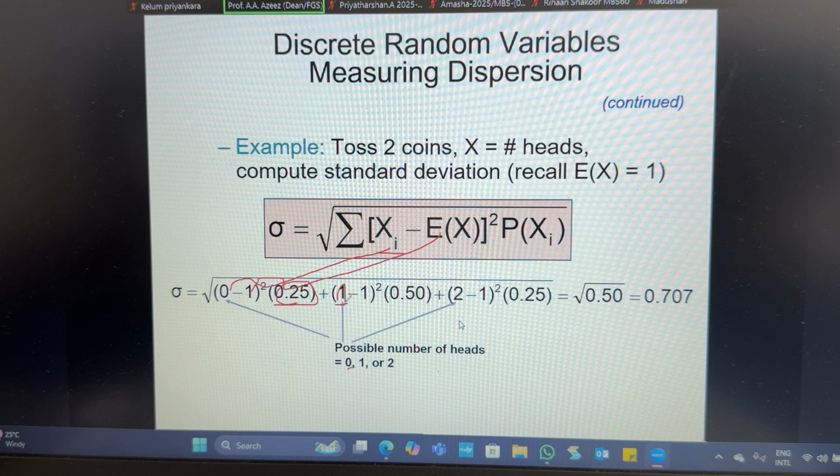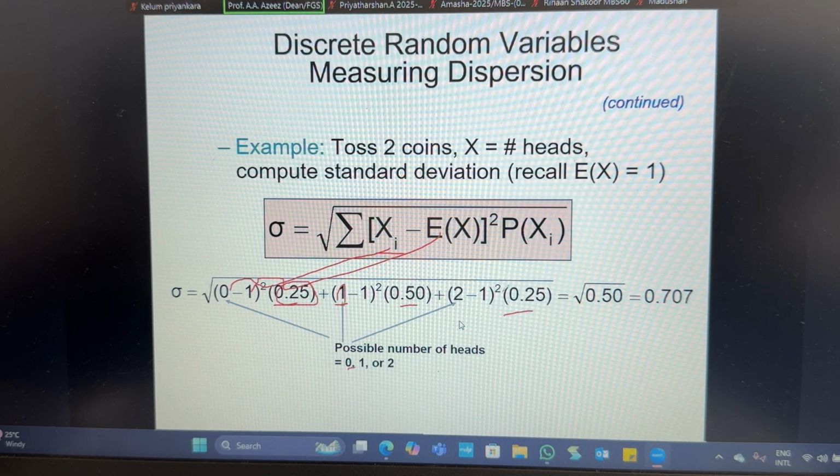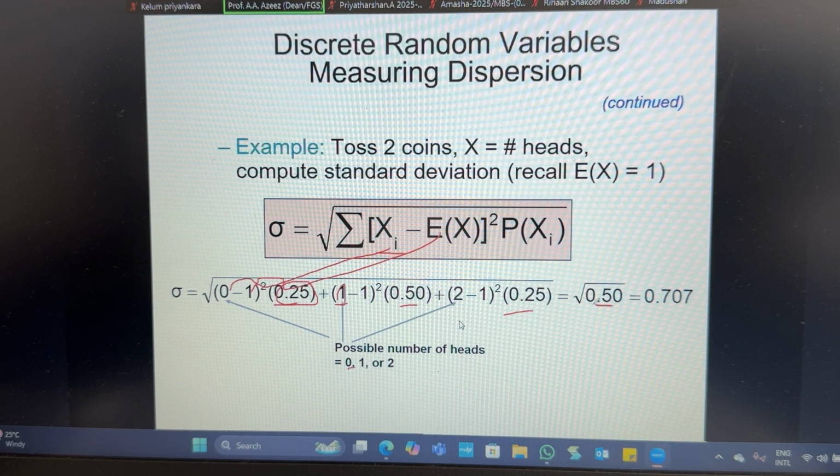So 1 again minus 1 squared, associated probability 0.5. The next one, 2 minus 1 squared, 0.25. Then when you sum this, 0.5 is the variance. Then the square root of this, 0.707, is the standard deviation.